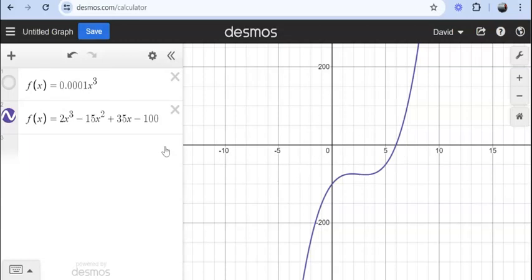But when I zoom out, what I start seeing is that characteristic x cubed shape. And that minus 100 seems to have a pretty big effect. That gave a pretty big value when x is equal to 0. So notice the y-intercept of this graph is just exactly the constant term.